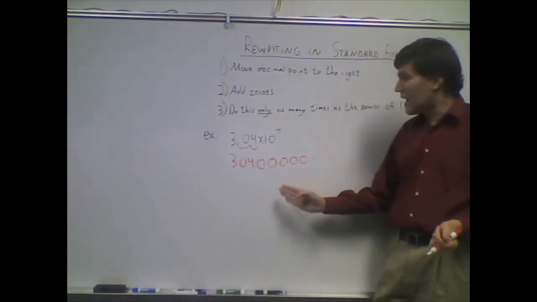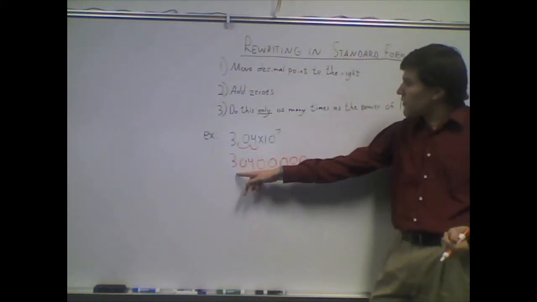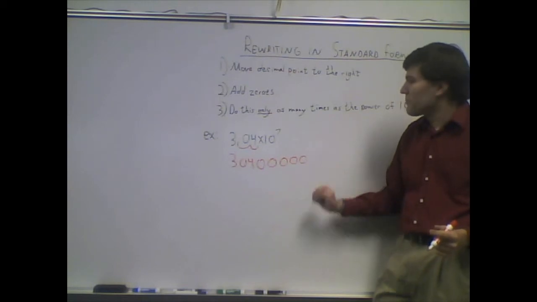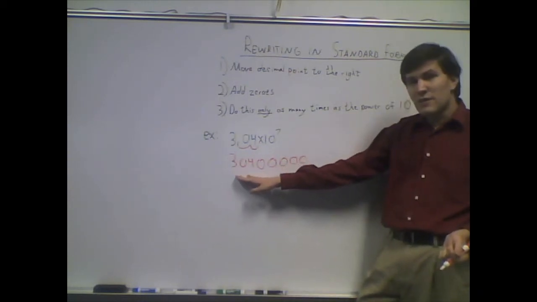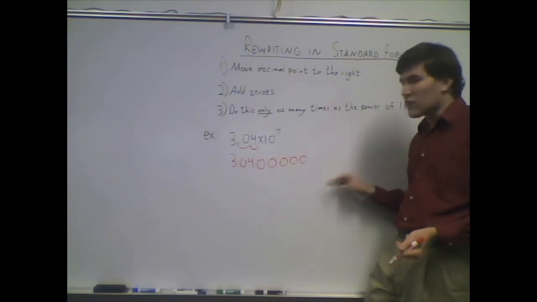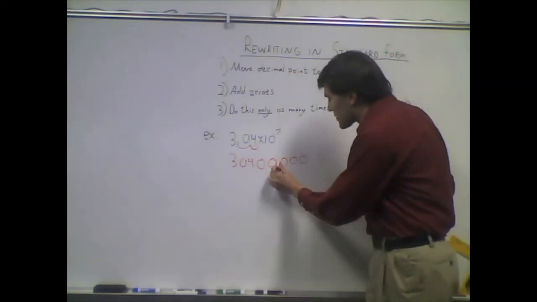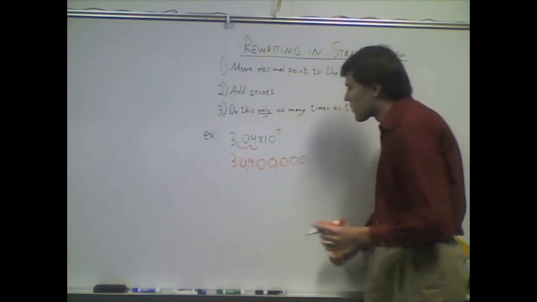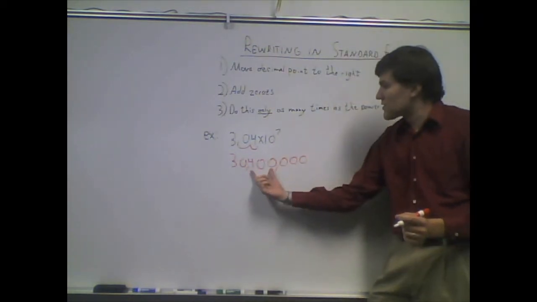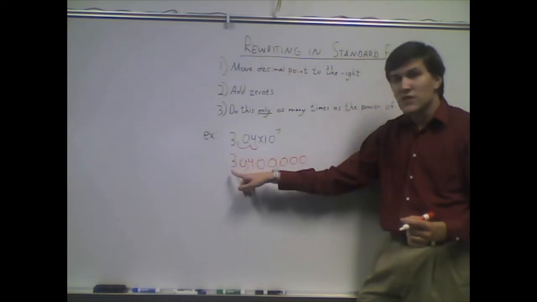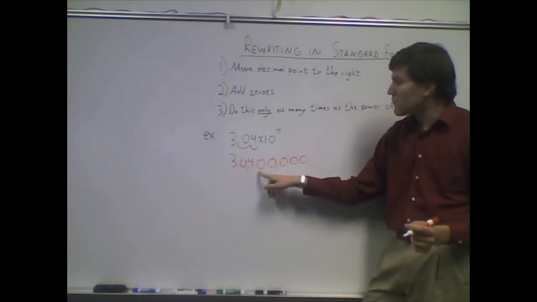And we have now the number rewritten in standard form. And it's a little bit difficult to see what exactly this means when we have a long string of zeros. So let's put in the commas to tell where our thousands are. So if we look, we've got our thousands and our millions here. So this is 30 million and 400,000.